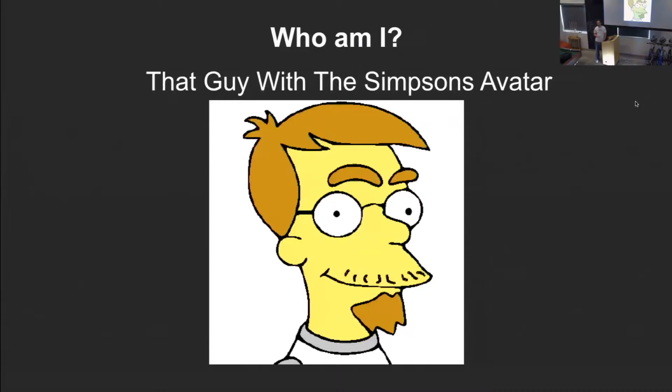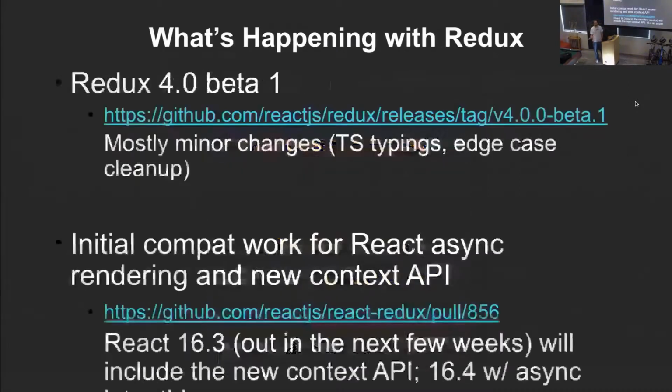So what is going on with Redux right now? Now, there's a few different things. The first thing is that we've actually got Redux 4.0 Beta 1 that just came out a couple weeks ago. Now, if you look at the timeline of Redux releases, Redux 1.0 came out in mid-August of 2015, just a couple months after the initial development started.